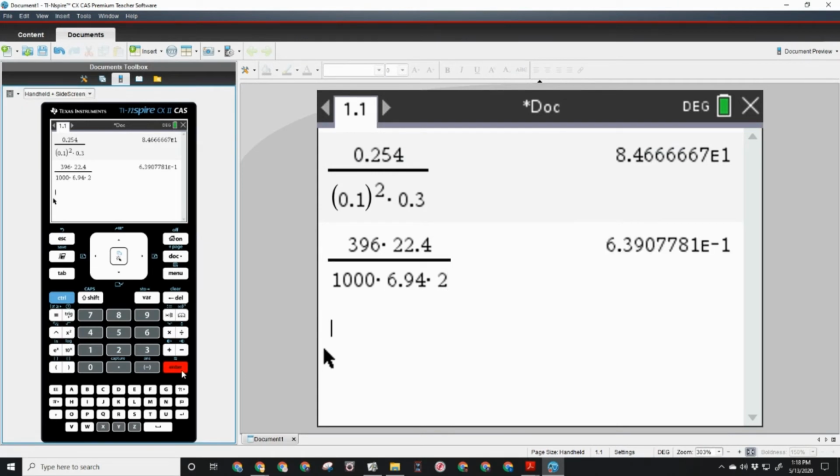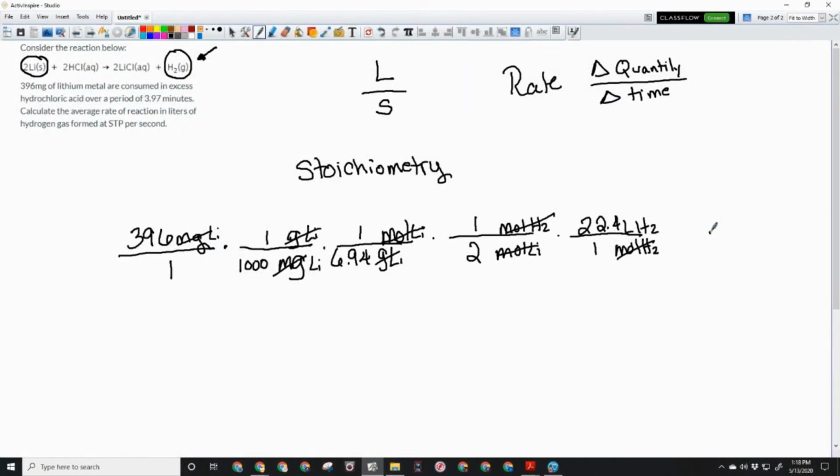All right, and press enter. That's going to give us 0.6391. 0.6391. And that's liters of hydrogen. So this is what's going to go in the top there.